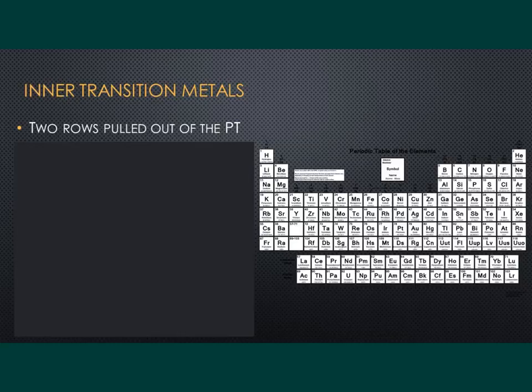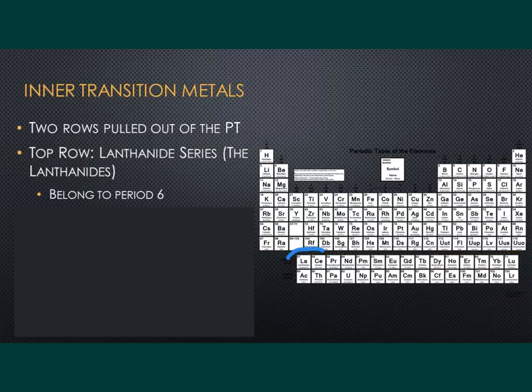As I said before, the inner transition metals are the two rows that are pulled out of the periodic table. Now we're going to look more closely at each one of those two rows. The top row is the lanthanide series. We usually just refer to these elements as the lanthanides, because the first element right there is lanthanum. These actually belong in period 6.